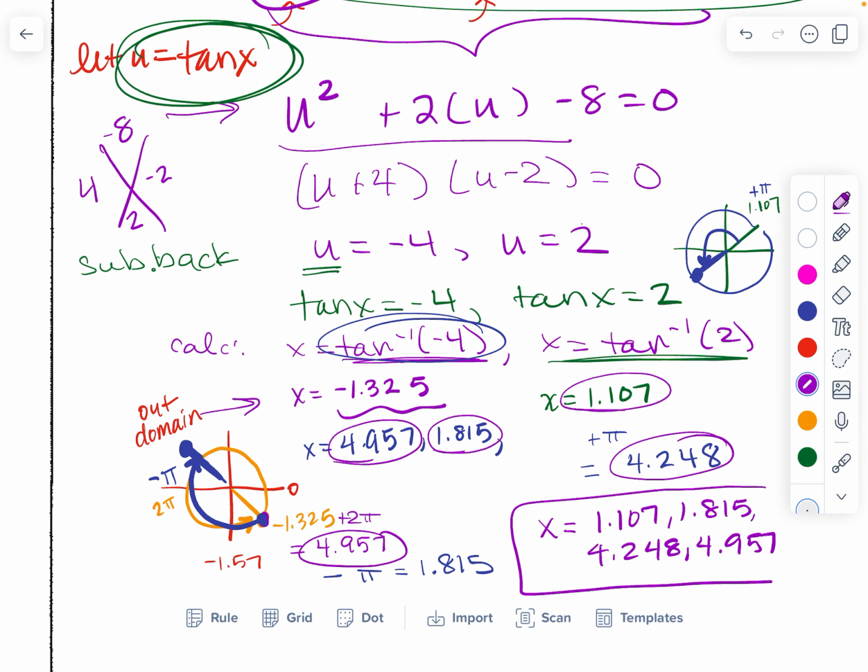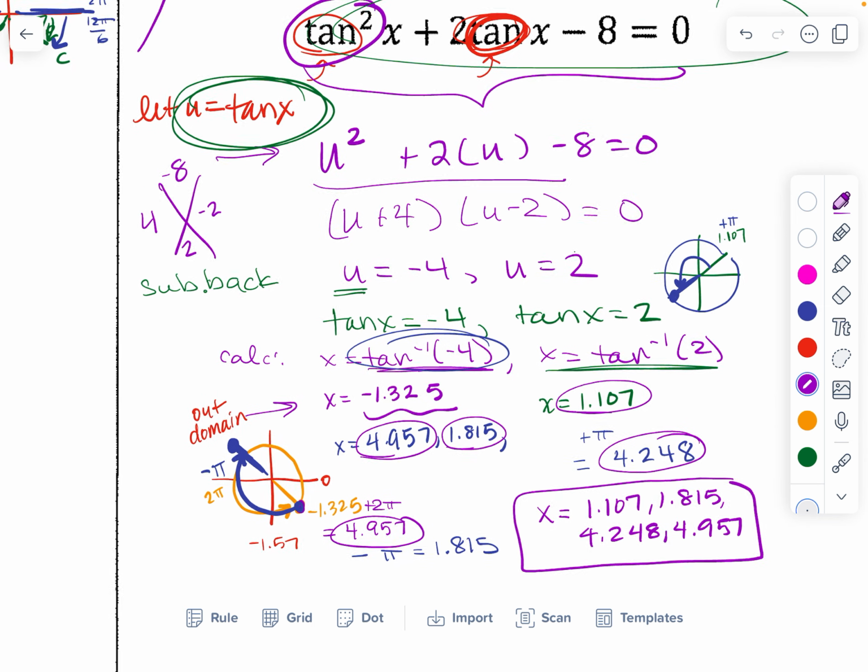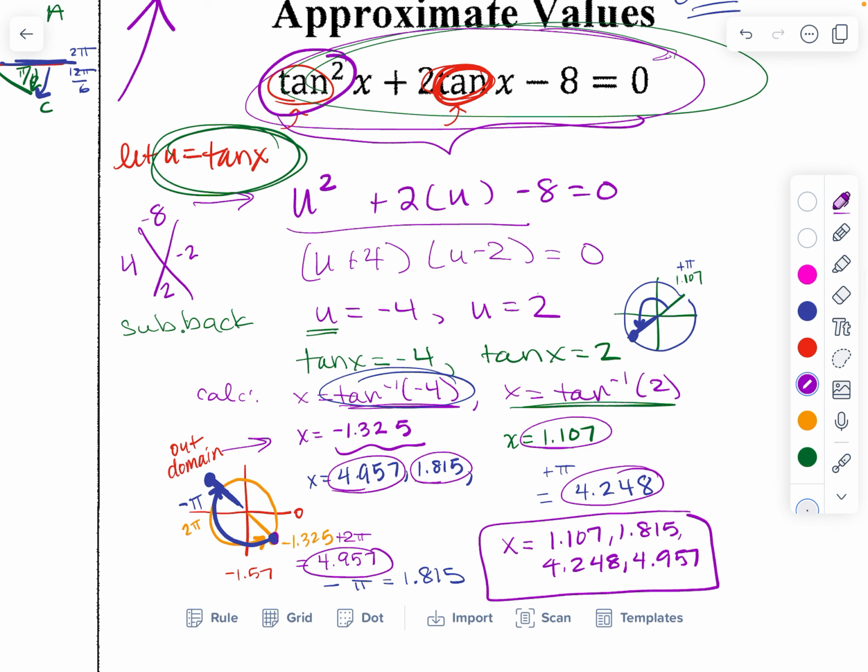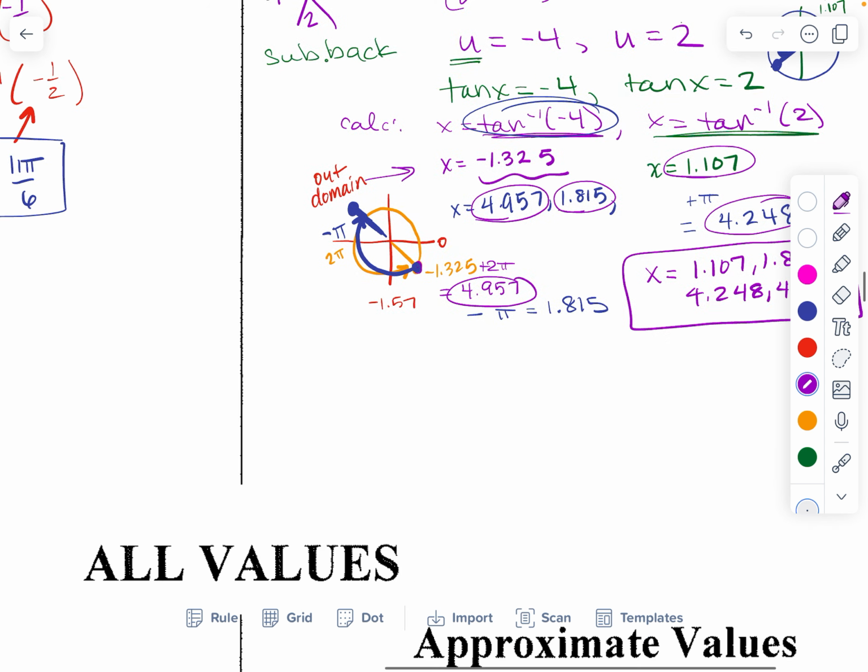And these are our 4 values where our original function, tangent squared x plus 2 tangent x minus 8 equals 0, from 0 to 2 pi. You can also graph this in your calculator, like literally type this in and see where it will equal 0 on that intersection, and you'll get those 4 specific values.